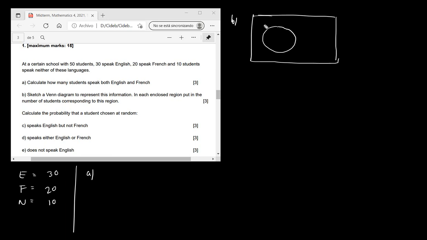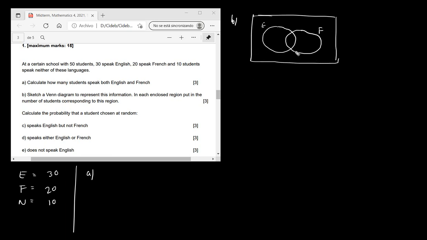All the people within the circle speak English, and all the people inside this other circle speak French. The intersection means those people that speak both English and French. These people right here. And the people in the outside area, in the skirts, these people speak neither.